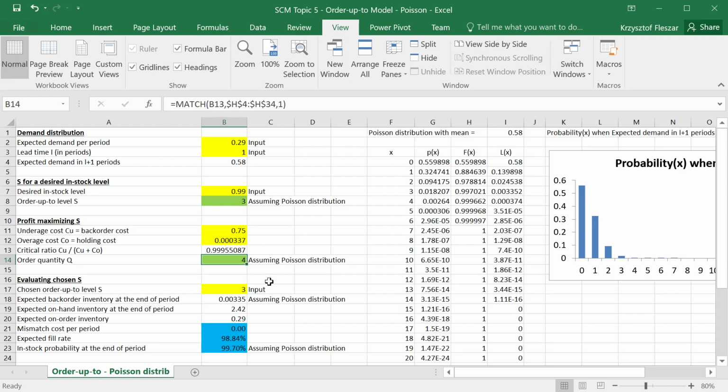And you see that the order quantity for Susan should then be 4 if we want to maximize profits, right? When the lost profit from underage is 0.75 and the holding cost per unit is this very small value, the order up to level should be 4.